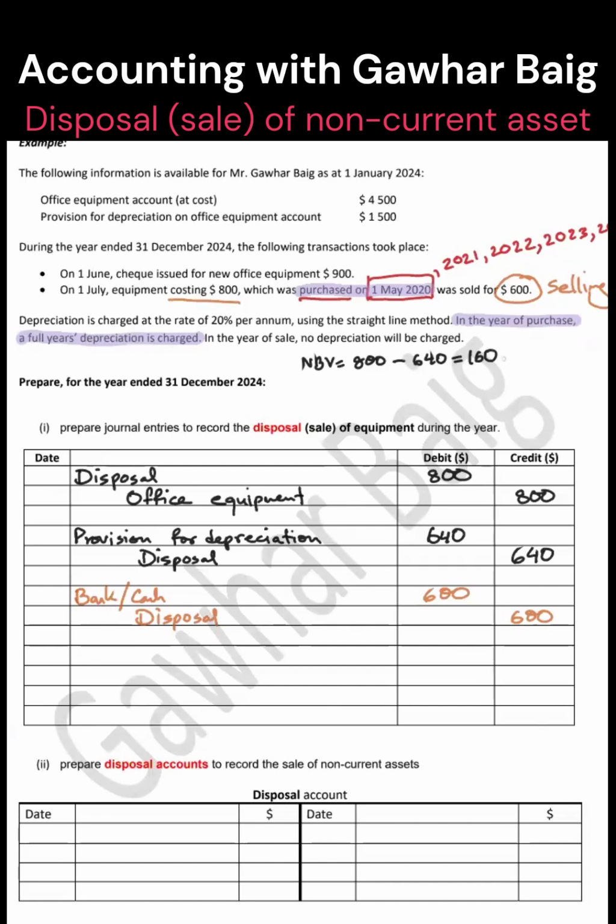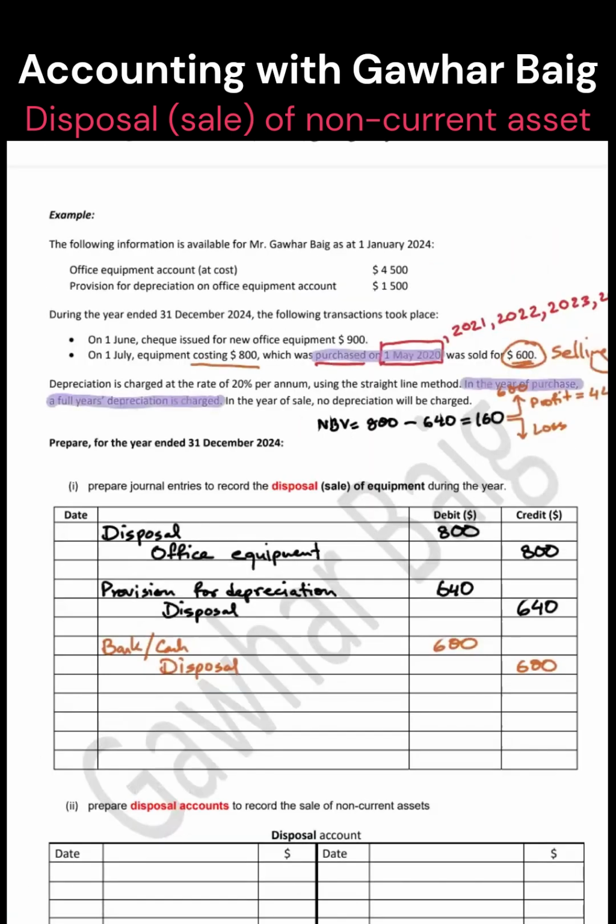If you're selling anything above the net book value, that will give you a profit. And if you're selling anything below the net book value, that will give you a loss. In this case, we are selling the non-current asset at $600. So basically, we are making a profit of $440.